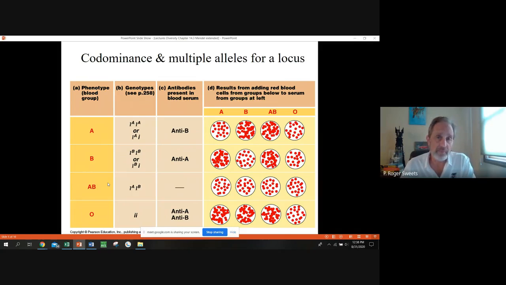When I say many, that means the loss of function mutation could happen at one part of the genetic sequence, or perhaps in a different part of the genetic sequence. You can define those, if you want to, as different alleles, because one might affect base number 163 and one might affect base number 283. Those are different in a sense, even though they have the same result, which is a loss of function. So there may, in fact, be hundreds of different alleles for many different kinds of genes.